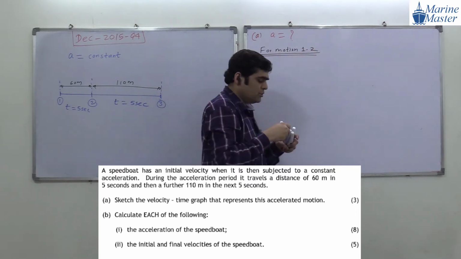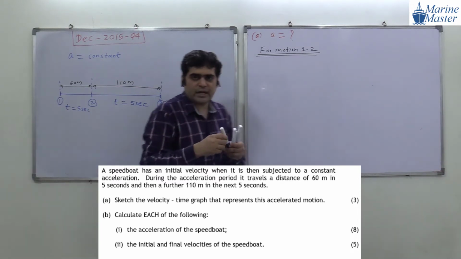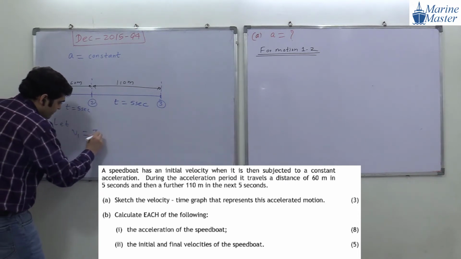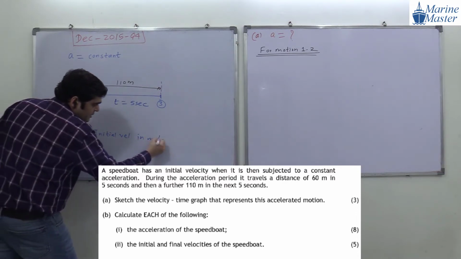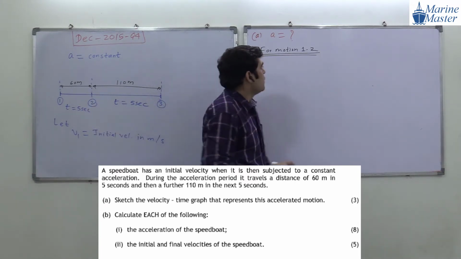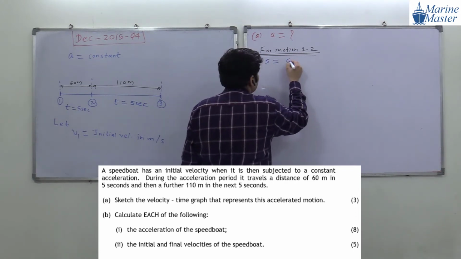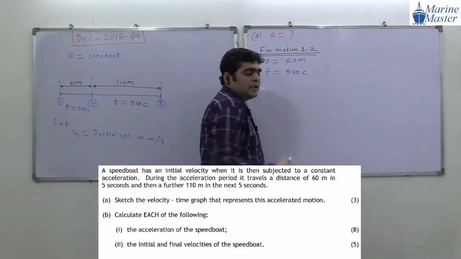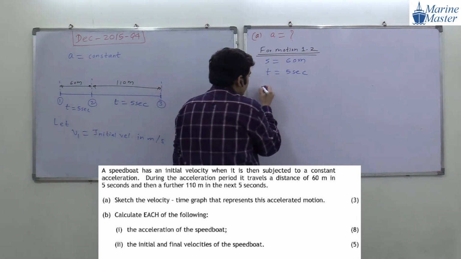Before that, we will assume V1 is the initial velocity, in meter per second. For motion 1 to 2, what is the displacement? 60 meter. How much time? 5 seconds. Now we know the equations of motion. Try to see the scenario. What is the equation of motion?